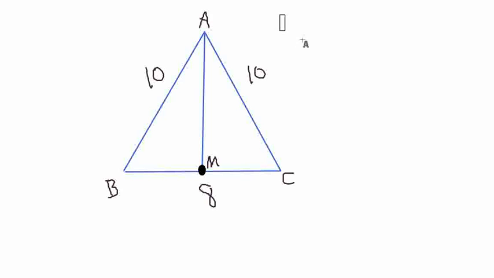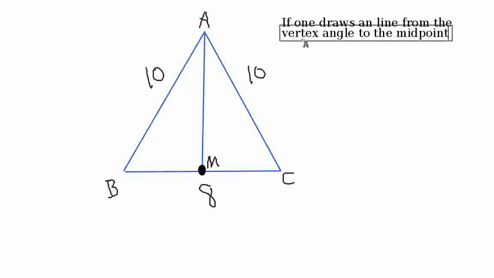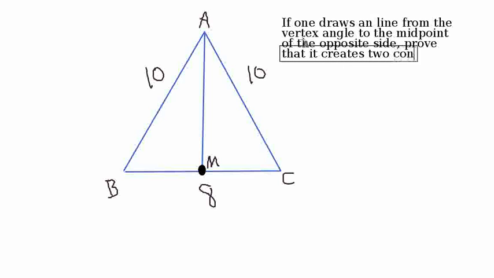So here's the puzzle. If one draws a line from the vertex angle, it's called, to the midpoint of the opposite side, prove that it creates two congruent triangles if the original triangle is isosceles.